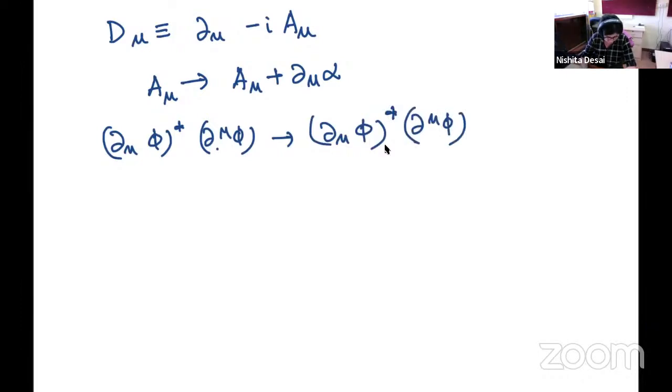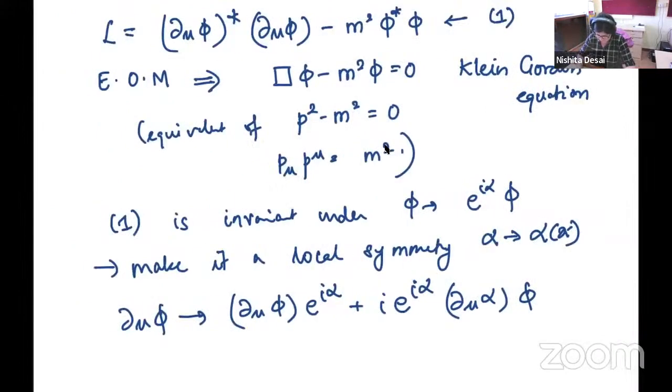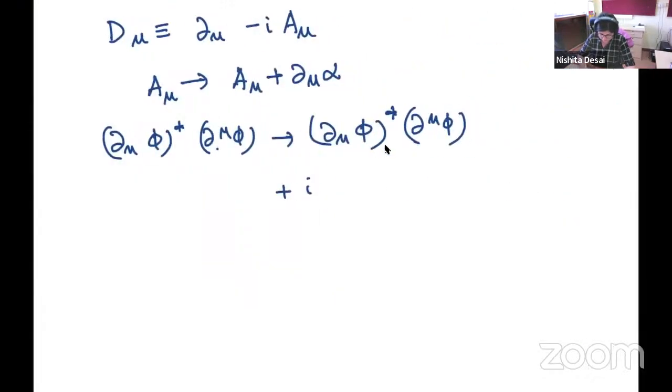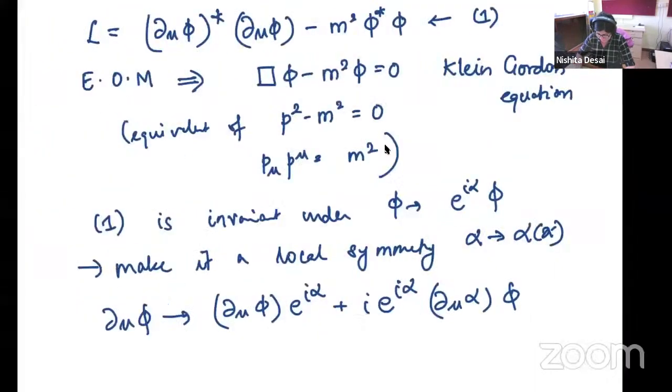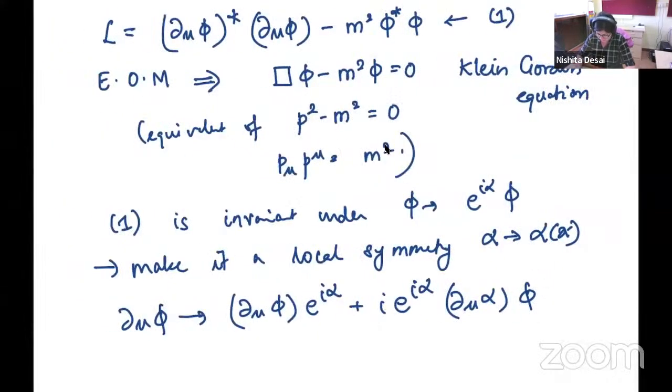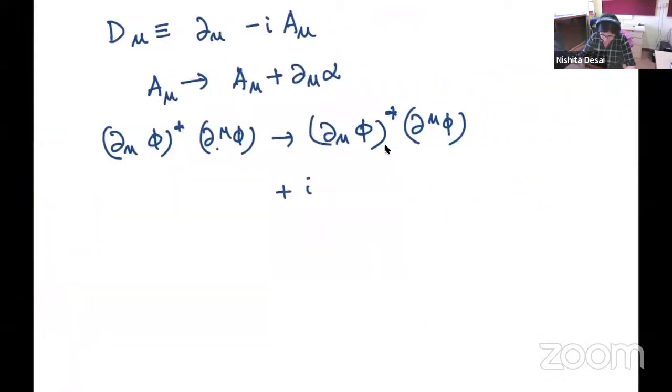Then there is going to be a term that's proportional to del mu alpha. So you have a phi star coming from this guy, or rather del mu phi star coming from this guy, and just a phi here. So let me take this del mu alpha outside.